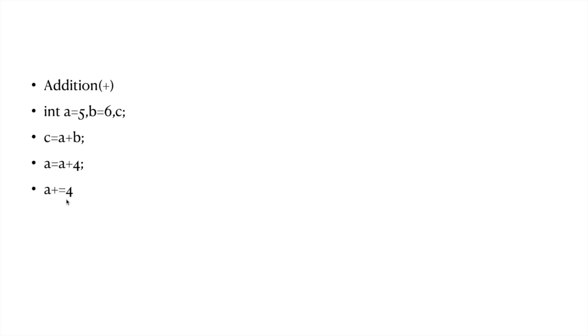So this is called augmented assignment, and this adds 4 to the value of a and assigns it back to a. So this one and this one have the same meaning. This is very critical to look into when we work with, particularly, loops and short circuit additions.